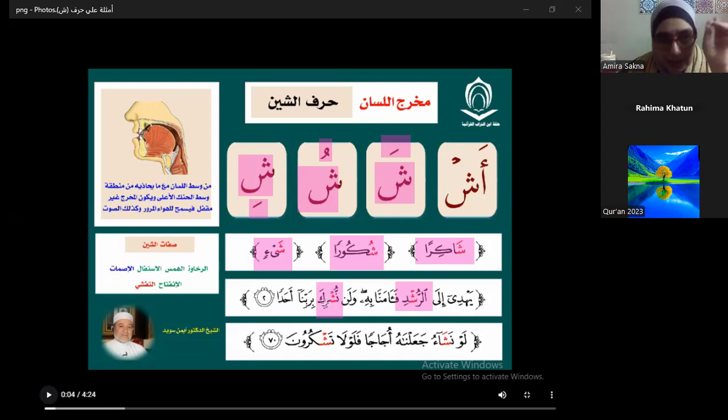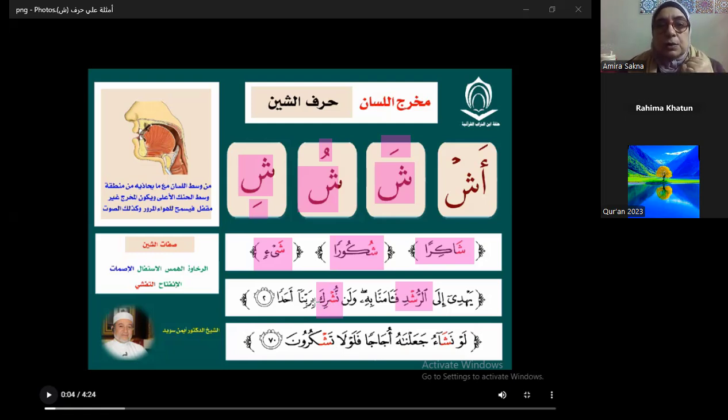And as I always say, with kasra we are going to lower the lower jaw. With fatha, we are going to open vertically. In other words, you are going to lower the lower jaw, but more than with kasra. Ri, ka, because the upper jaw doesn't move.